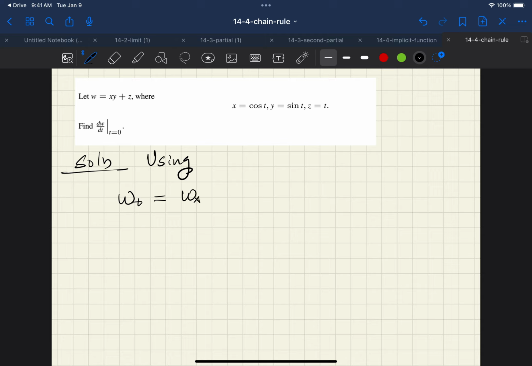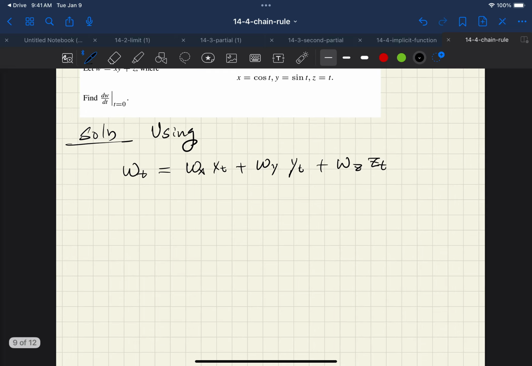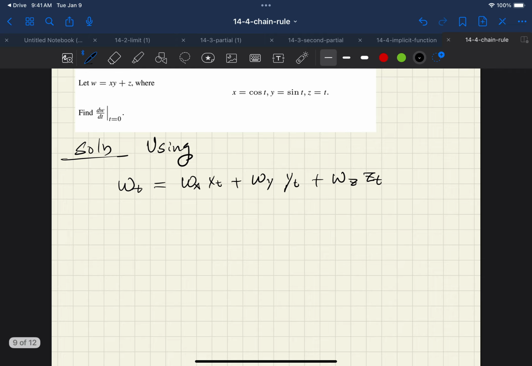Then we have wx xt, wy yt, and wz zt. As long as you have this diagram in your brain, you're able to write this down immediately and then calculate.